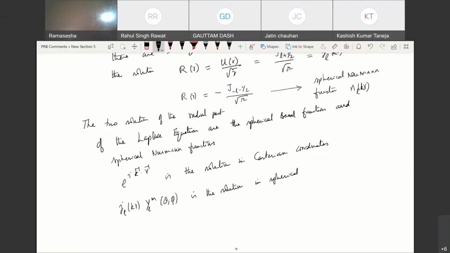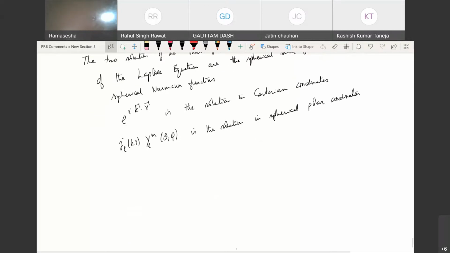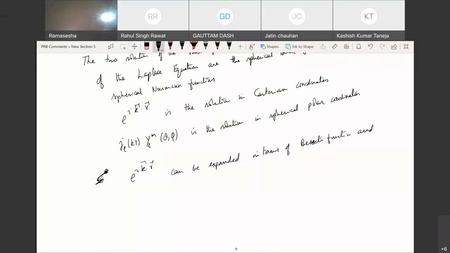So what happens if you want e to the power i k dot r to be expressed in terms of Bessel functions and spherical harmonics?